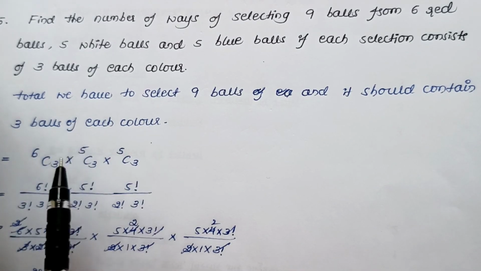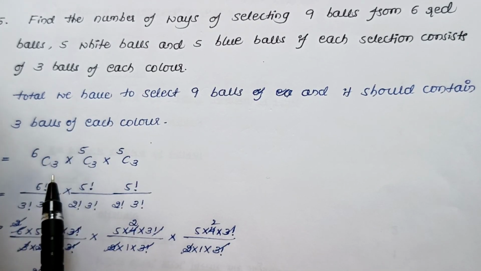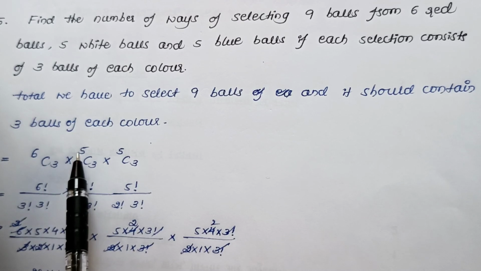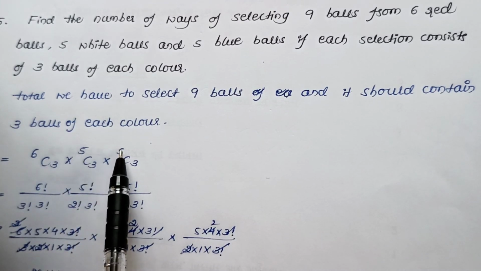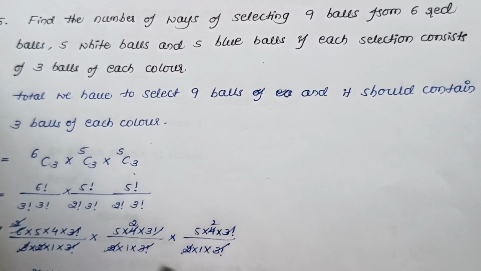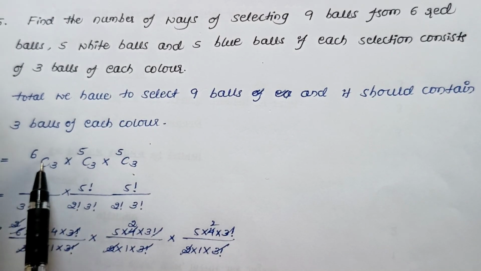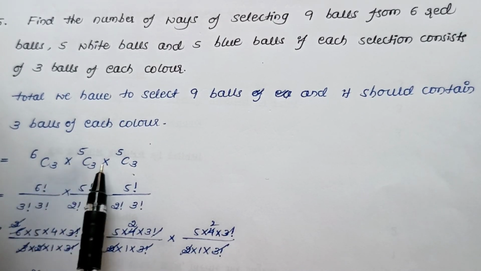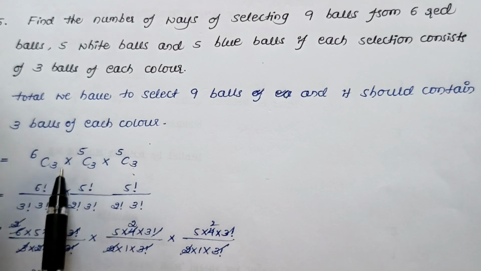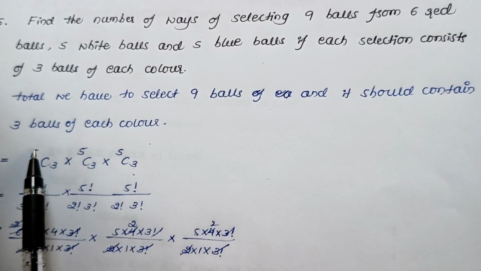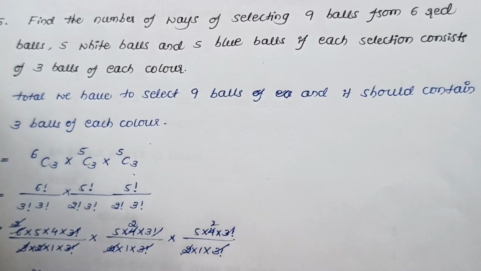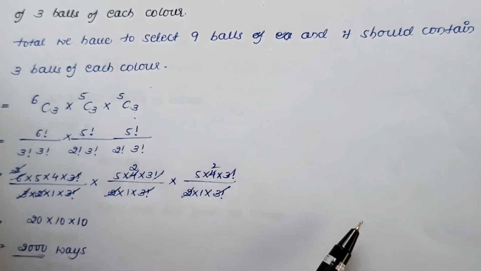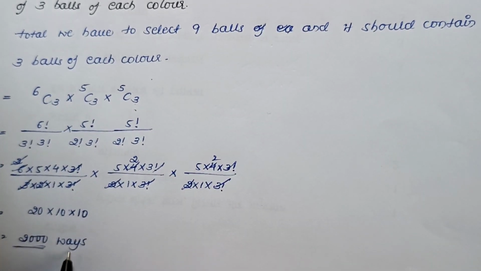Therefore, out of 6 red balls, 3 are selected, out of 5 white balls, 3 are selected, and out of 5 blue balls, 3 are selected. Therefore, it is 6C3 into 5C3 into 5C3. By applying the formula of nCr, you get the value as 20 into 10 into 10, that is 2000 ways.